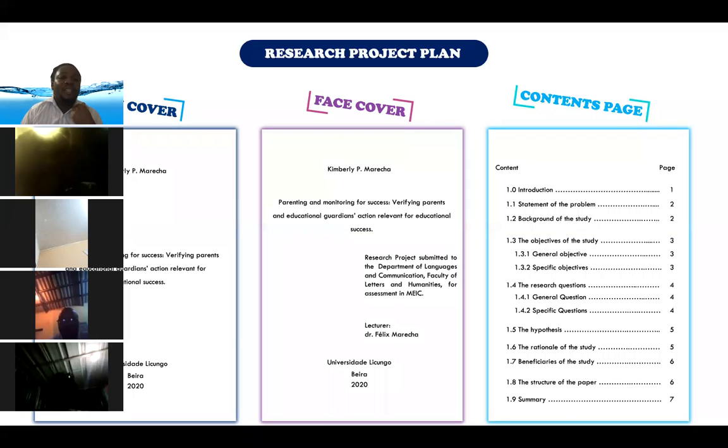So as a result, they are failing in school. And we also hope to see that if we have a change in the level of support that children get from home, then they will improve their pass rate, their success will improve in school, because they are getting the support that they need from home.